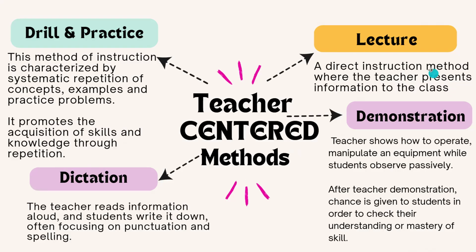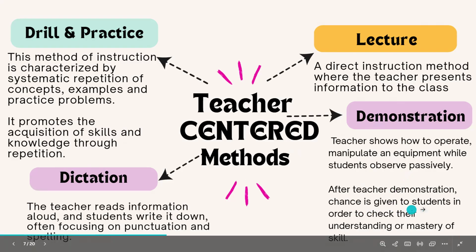In the demonstration method, what happens? Demonstration means to showcase something, to show. The teacher shows how to operate or manipulate an equipment while students observe passively. They just sit at a distance and they observe everything that is shown to them. That is it. After teacher demonstration, a chance is given to students in order to check their understanding or mastery of the skill.